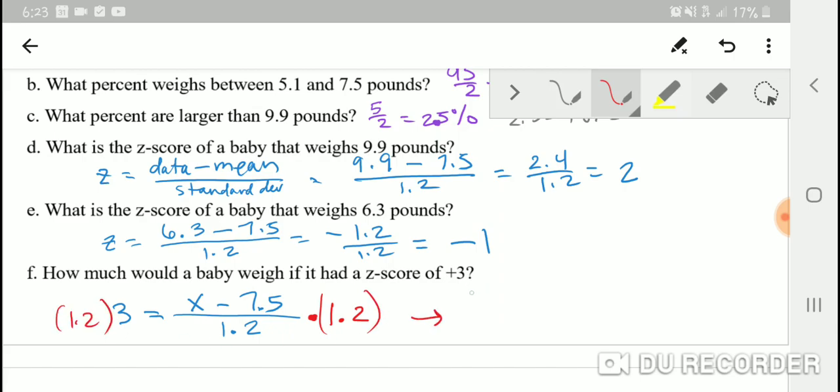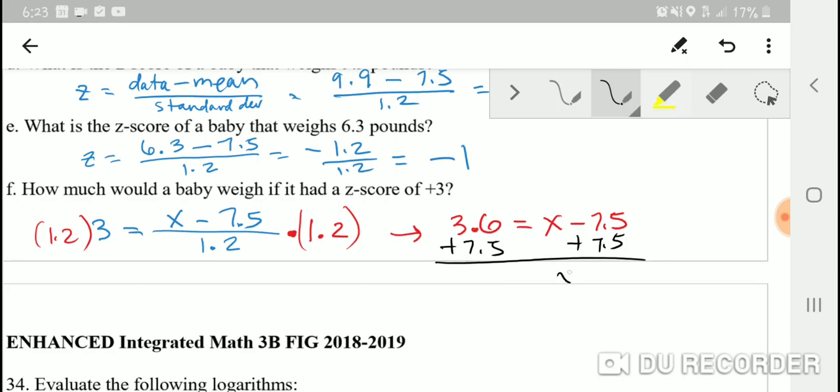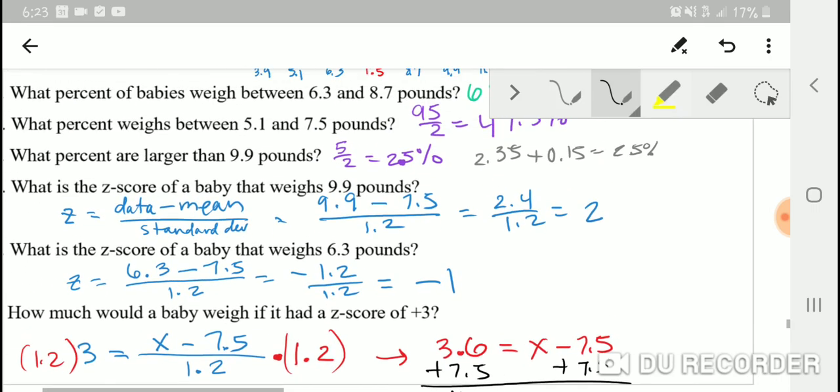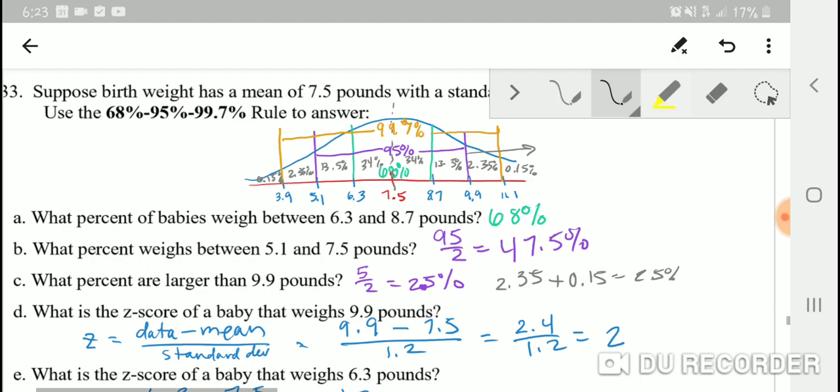This is going to give you 1.2 times 3 is 3.6. And then we need to add 7.5 to both sides. So that's going to give you a data point, or a baby's weight, of 11.1. Which makes sense, because a z-score of 3 means 3 standard deviations above the mean. And guess what? 3 standard deviations above the mean is 11.1.